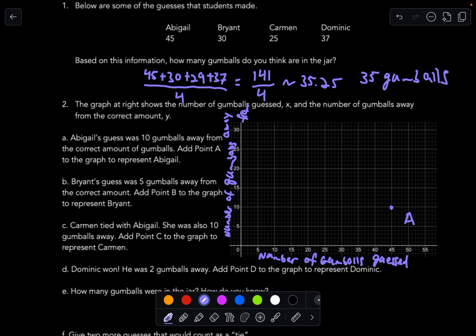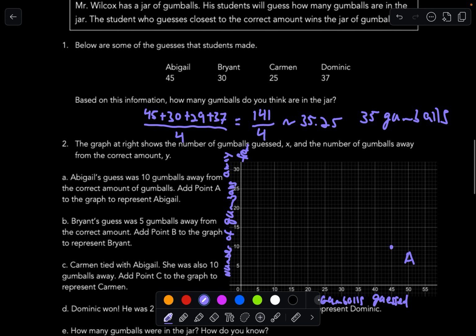Add point B to the graph. So at 30, he was at 5. And that's point B. I'm putting it off to the side because we're going to be doing something with these dots.